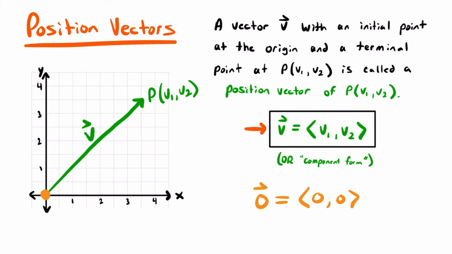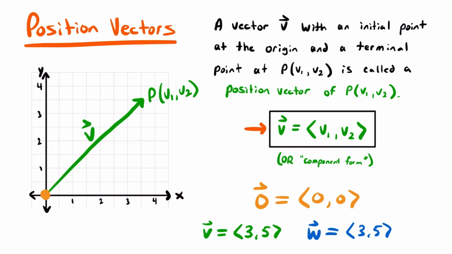Okay, now another thing to mention is that if the components of two vectors in component form, or two position vectors, if their components are equal, then those vectors are also equal. They're the same vector. So for example, if we had a vector v that was denoted by this, if we had a vector of 3, 5, and then we had a second vector, let's say vector w instead of v, and that's also equal to 3, 5, these are both vectors that are position vectors of the point 3, 5.